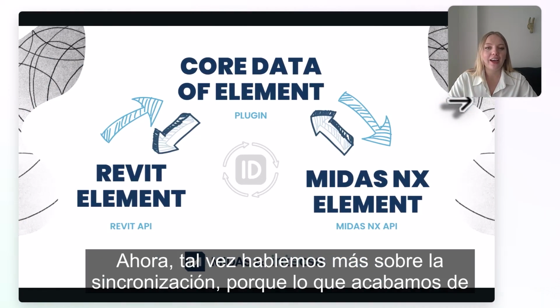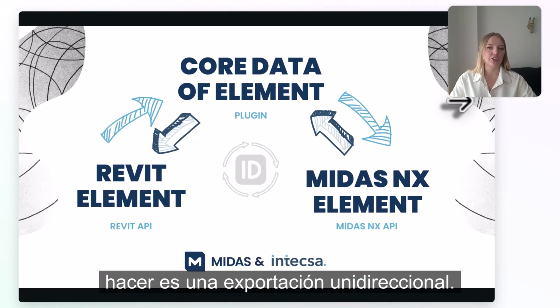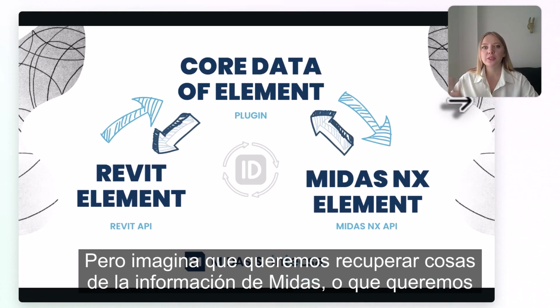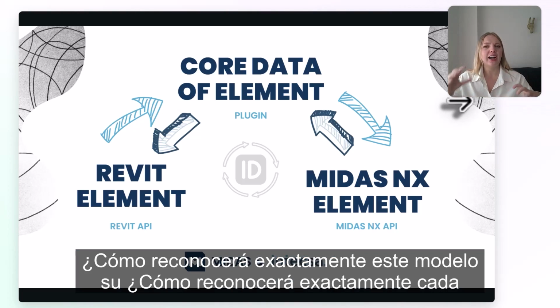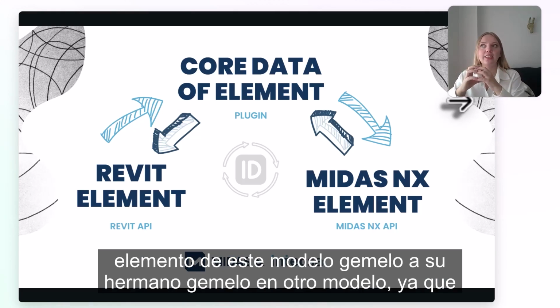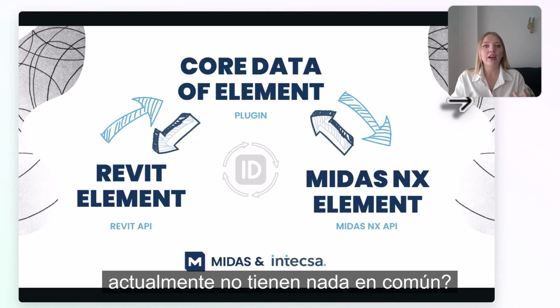Perfect. And now let's maybe talk more about some kind of synchronization, because what we just did is exporting one way. But imagine we would like to get back the information from MIDAS, or we would like to update the information from MIDAS. How exactly will each element in this twin model recognize its twin brother in another model, because currently they don't have anything in common.